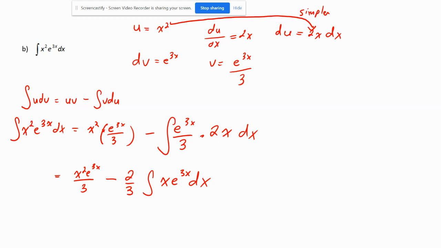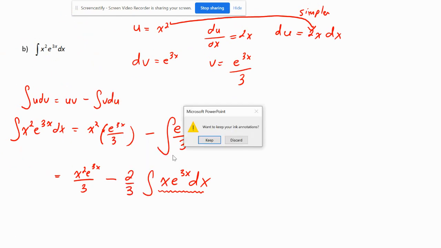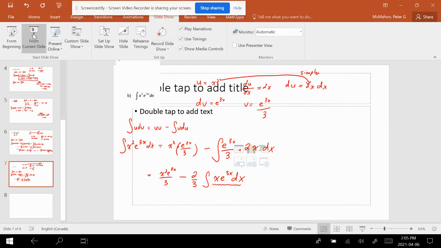But what we're going to do next is on this part, we have to do integration by parts again on just this part over here. I'm going to pause here for a second, as I actually need to get an extra slide.